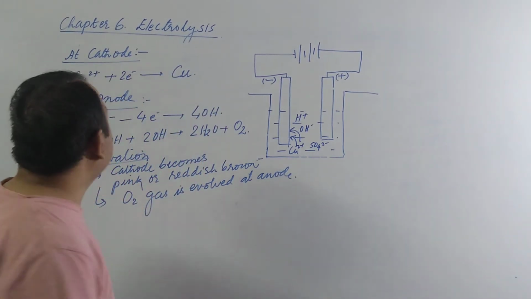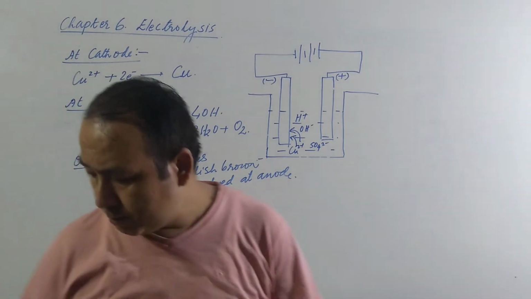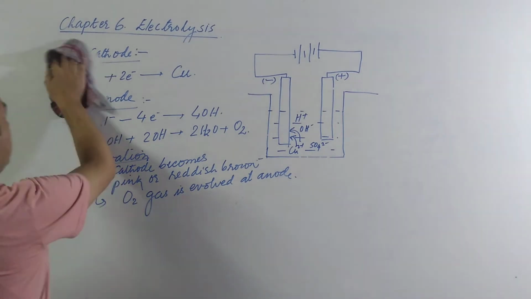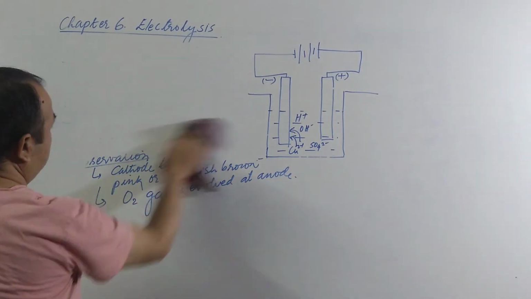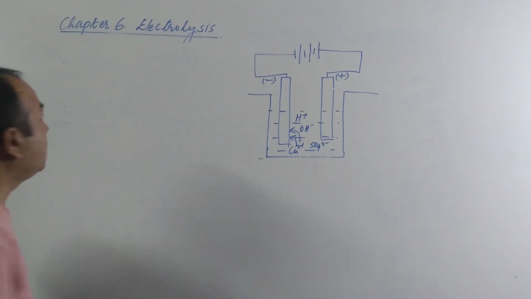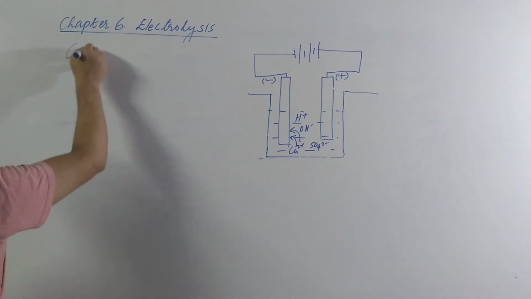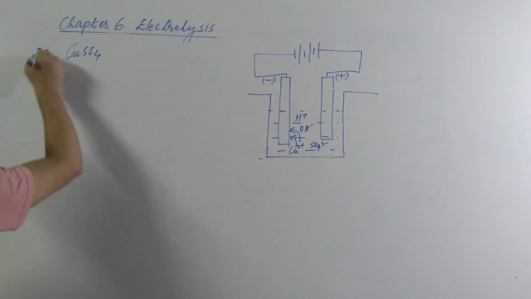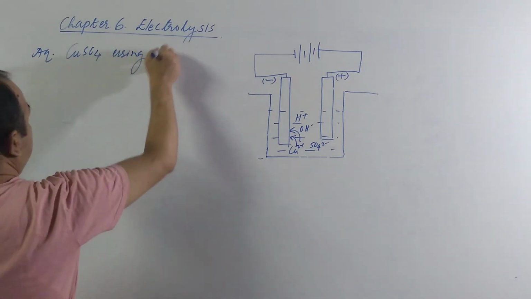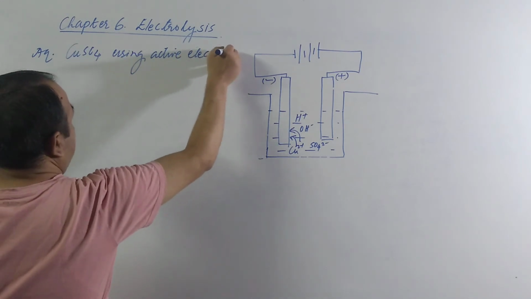So that's the electrolysis of copper sulfate solution using inert electrodes. Now next comes using active electrodes. So, electrolysis of aqueous copper sulfate solution using active electrodes. The active electrode is copper.